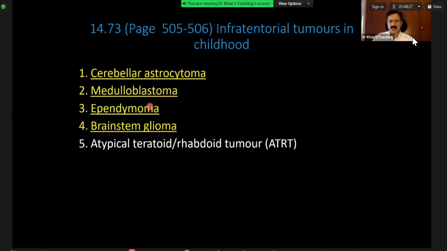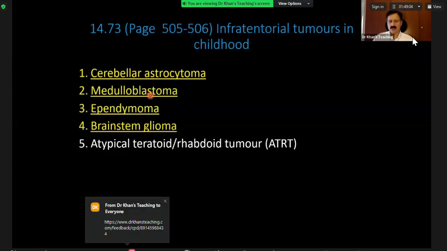Classical teaching is that if you see a tumor at the floor of the fourth ventricle with calcification, call it an ependymoma, but with a pinch of salt, because I told you that 20% of cerebral astrocytomas can also show calcification. 10% of even medulloblastomas can cause this.